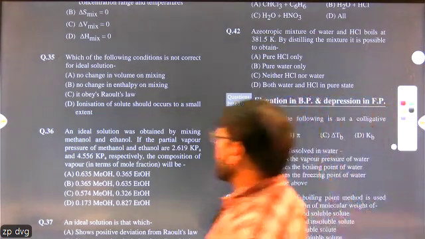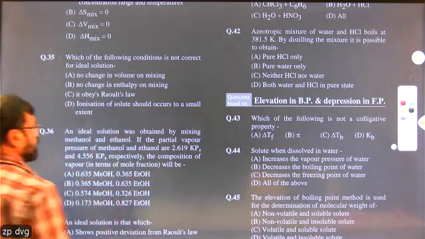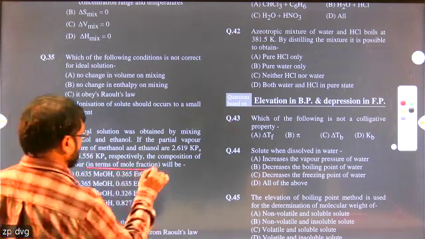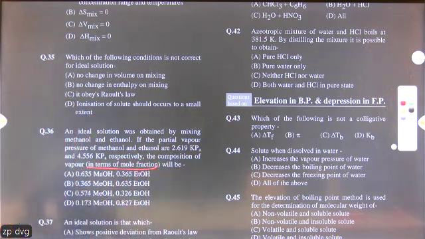An ideal solution was obtained by mixing methanol and ethanol. If the partial pressures of methanol and ethanol are 2.619 kilopascal and 4.556 kilopascal respectively, they are asking the composition of the vapor in terms of mole fraction. First of all, what is the total pressure?